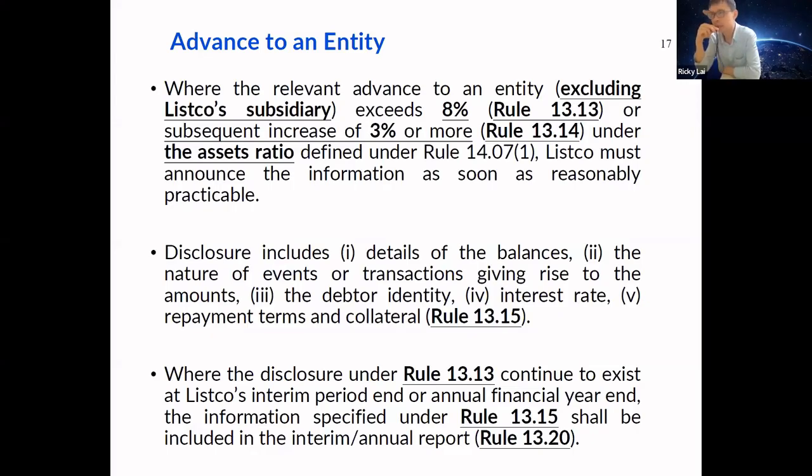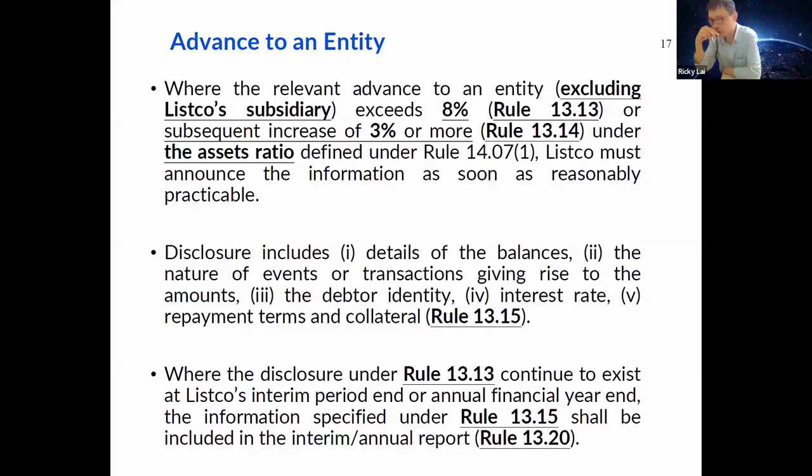then the company must publish the information as soon as reasonably practicable. The information to be disclosed includes the details of the balance, the nature of the event or transaction giving rise to the amount, the debtor identity, interest rate, repayment terms and collaterals.